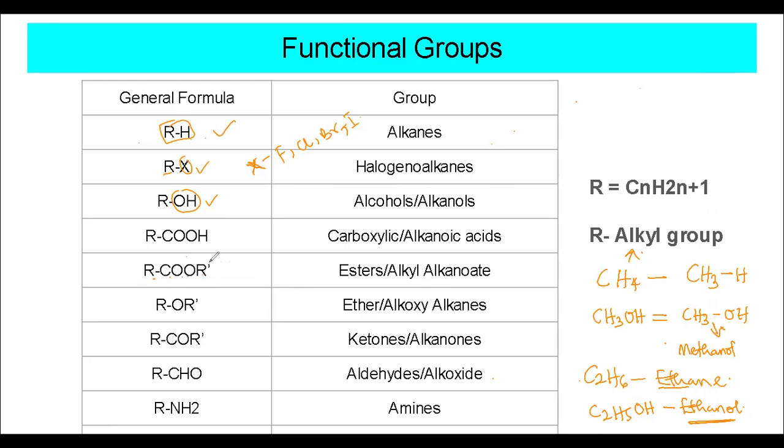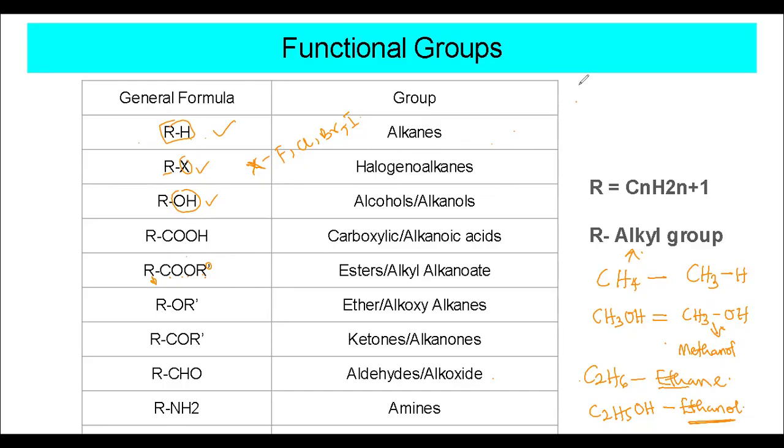You can see this R here is carrying a prime, showing that this R can be different from the first R. The first alkyl group and the last alkyl group might not be the same. So I'm going to show different examples where you have the same alkyl group in both places, or different alkyl groups.